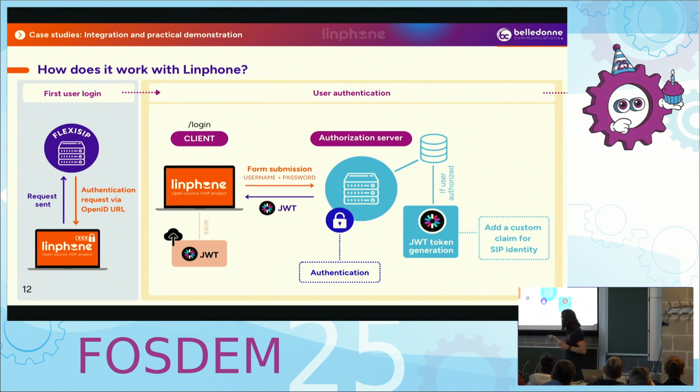The Linphone client opens a web browser connected to the authorization server, and provides a username and password. The authorization server checks if the credentials are okay and generates a JWT token, adding the SIP identity claim, which is configured server side, and provides Linphone back with this access token.